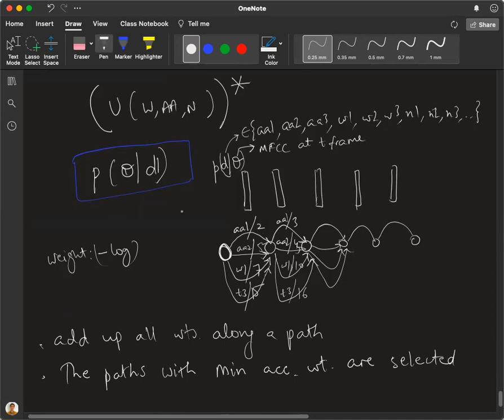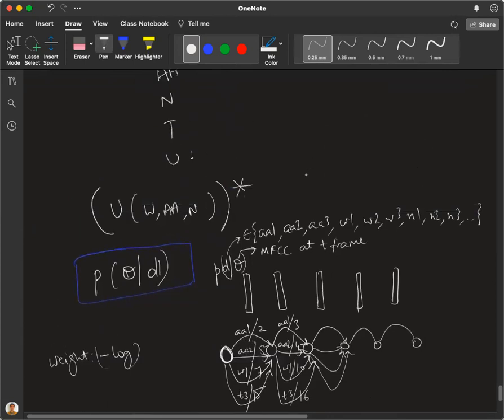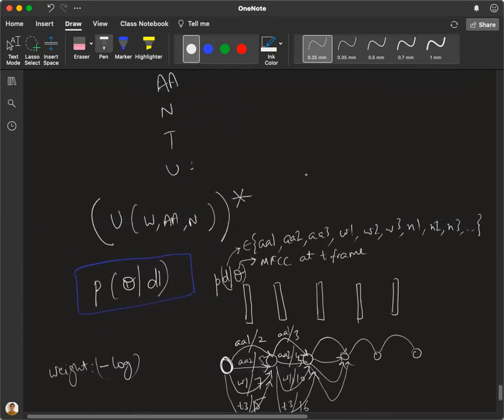So now in this case, it is possible that a state is repeating many times. So, okay, now how do you handle this problem? Multiple frames may correspond to a single phone state. How will you take care of that problem?